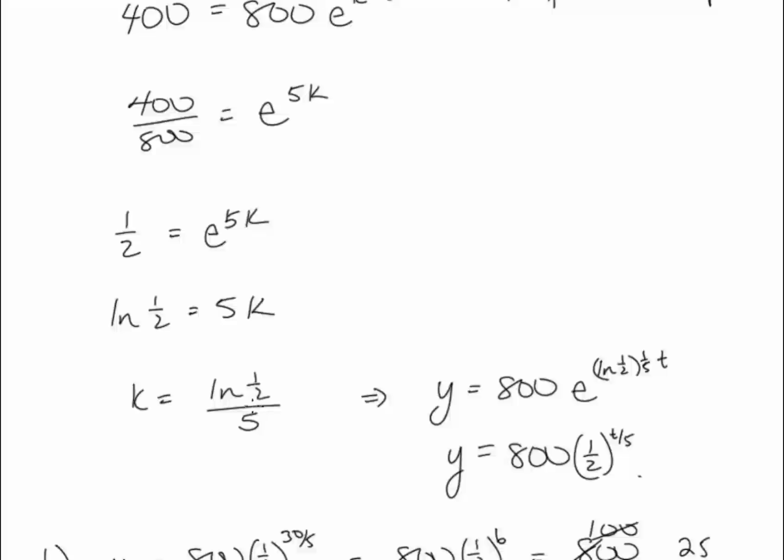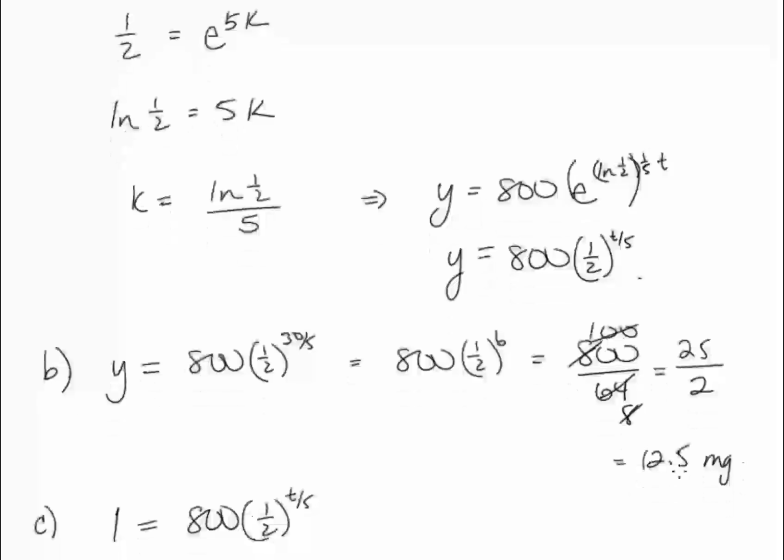And notice instead of having ln of 1/2 over 5, I've written this as ln of 1/2 times 1/5. And I'm doing that so I can regroup and simplify my e to the ln of 1/2 as 1/2. And then we have 1/5 times t over 5. So our equation here looks like y equals 800 times 1/2 to the t over 5.